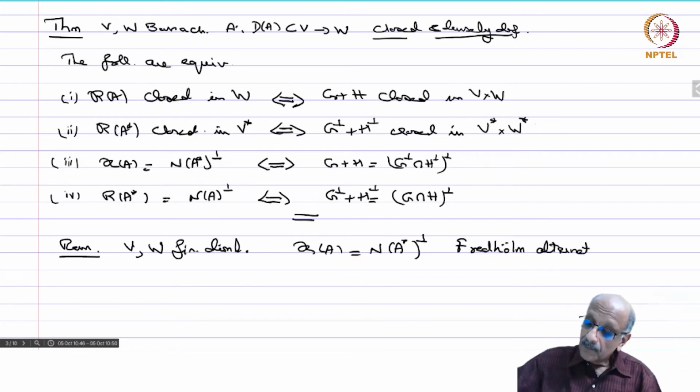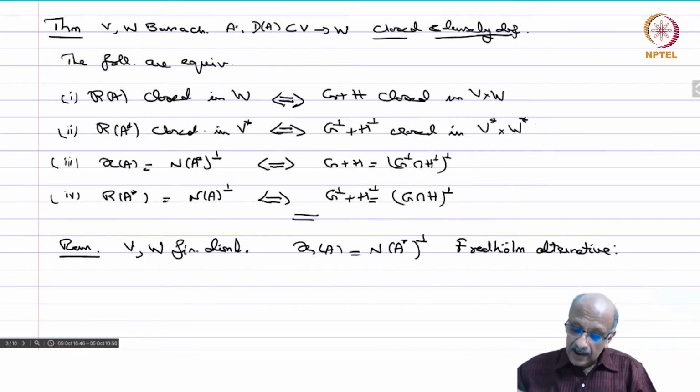And for instance, if you want to solve the equation Ax equals B, where A is a matrix, say m by n matrix, when will this have a solution? So let us assume that A star y equals 0.